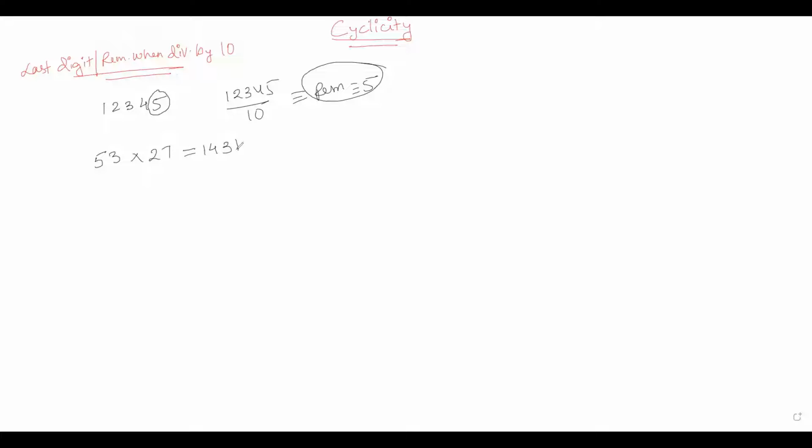So the last digit of 53 times 27 would be 1. Now, instead of multiplying these two-digit numbers completely to find the unit digit, we could have simply multiplied the unit digits to get the last digit. So the last digit of 53 times 27 would be the same as the last digit of 3 times 7, which gives us 1.